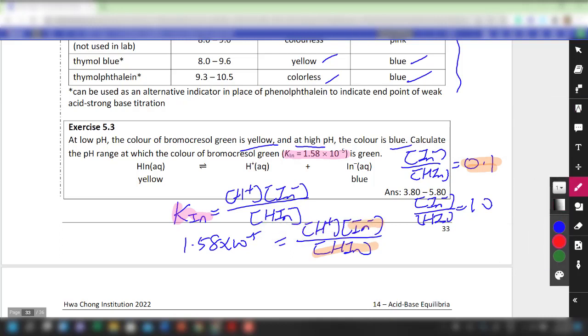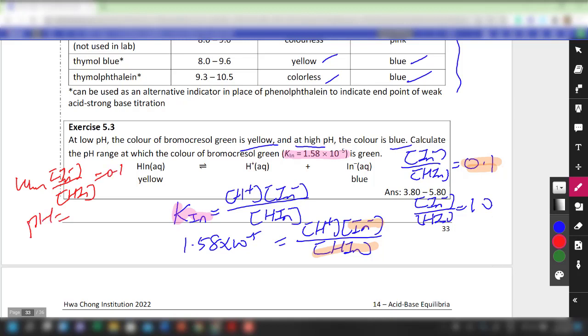So when the ratio of In- to HIn is 0.1, what pH am I getting?